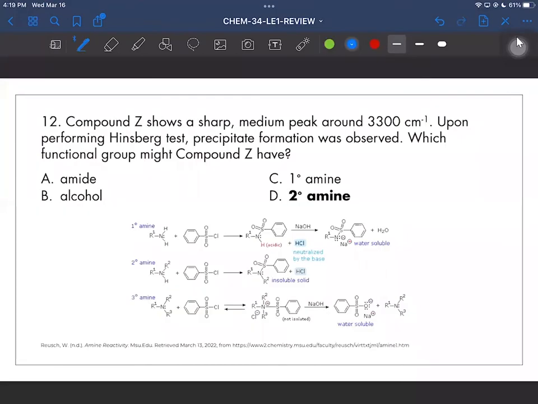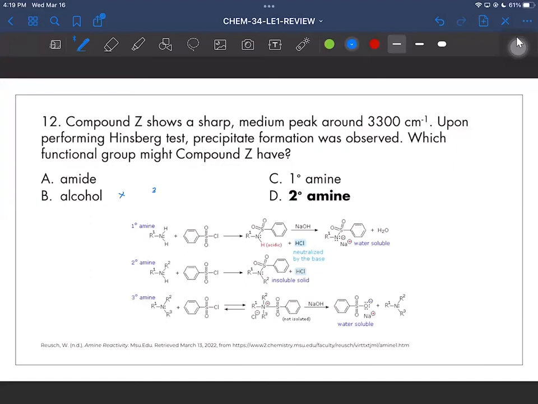For number 12, compound Z shows a sharp medium peak around 3300 wave number. Upon performing the Hinsberg test, precipitate formation was observed. Which functional group might compound Z have? It gives us IR data: a sharp medium peak around a given wave number. With this information, we can rule out an alcohol. This is not an alcohol because alcohols usually have higher wave numbers than 3300.